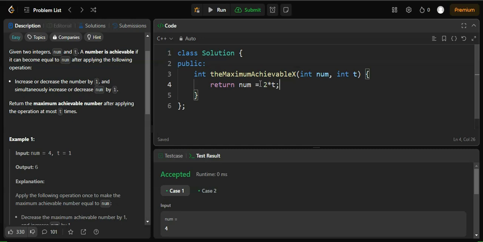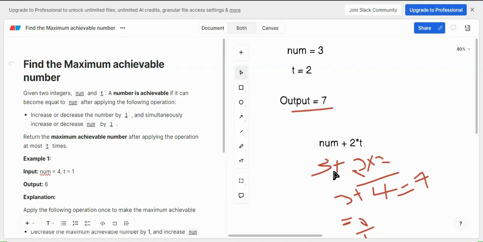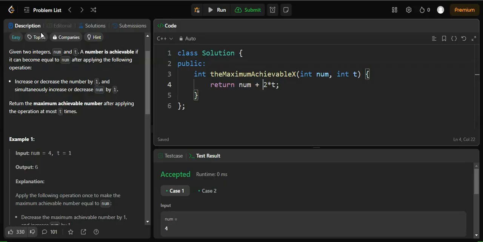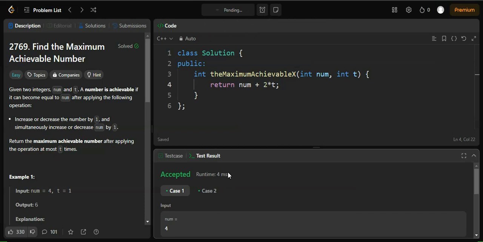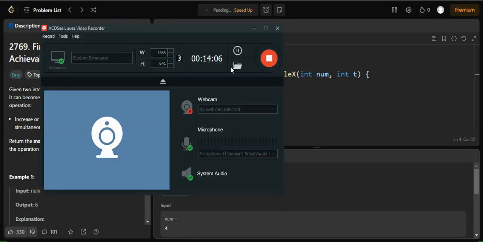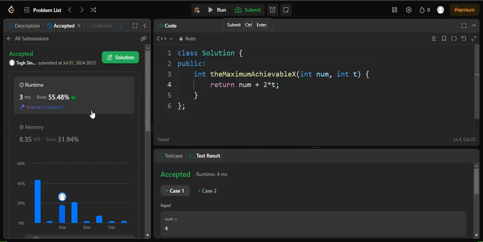The formula is num plus 2 into t. Once I run it, the test cases have passed, and when I submit it, it has been accepted by the platform.